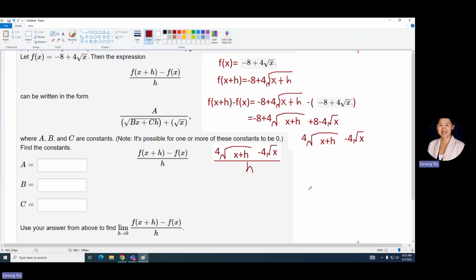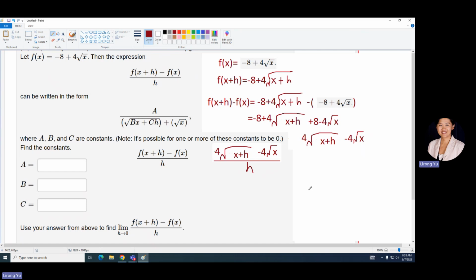Now we normally would try to simplify it because if h approaches 0, the numerator is 4 root of x minus 4 root of x, so it's going to be 0 divided by 0. So we're hoping to simplify it so that somehow there will not be an h in the denominator. So we change it: instead of subtraction, we multiply by a summation. The summation of the two roots is called a conjugate.